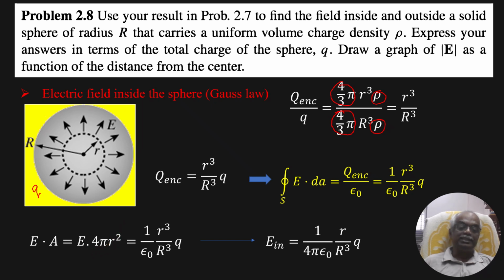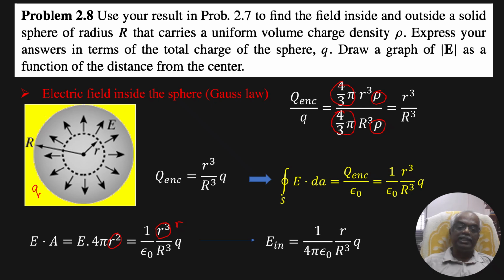Here you can cancel r squared with r cubed, which leaves small r. Then you bring the 4 pi to the other side. So the electric field inside the sphere is 1 over 4 pi epsilon naught, small r over capital R cubed, multiplied by the total charge Q.